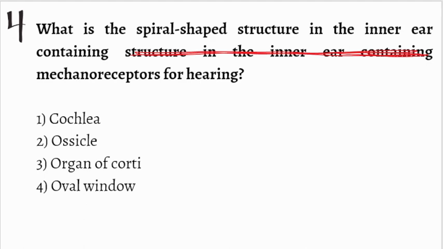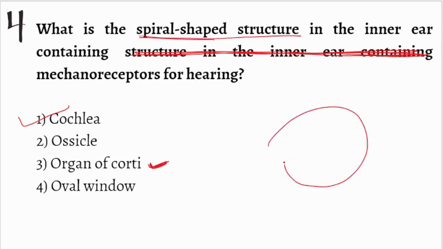Okay, yes, correct. Cochlea is the spiral shaped structure, right? And the organ of Corti is also responsible for hearing. So here the answer is going to be cochlea, because the spiral shaped structure is the cochlea only, but inside the cochlea we have the organ of Corti, which is responsible for converting the signal into neural impulses.